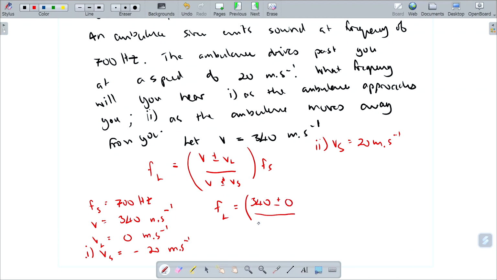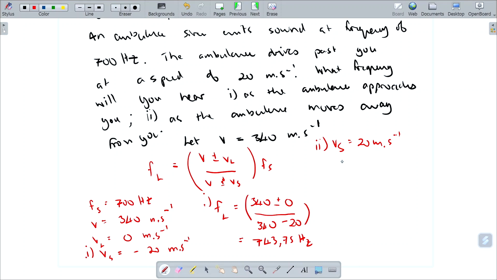For the siren of the ambulance, it's going to be 340 minus 20 meters per second. The source is coming towards you, so Vs is negative. If we work this out, we'll get an answer of 743.75 Hertz. So this is for the first case.